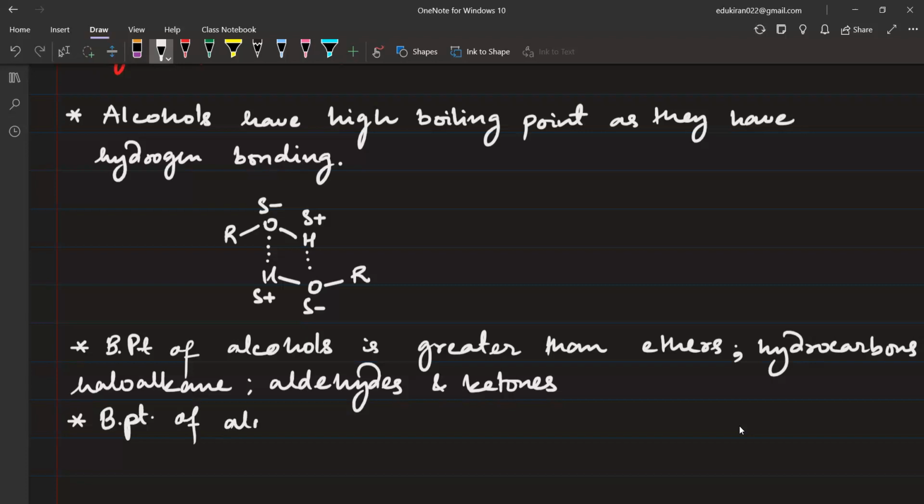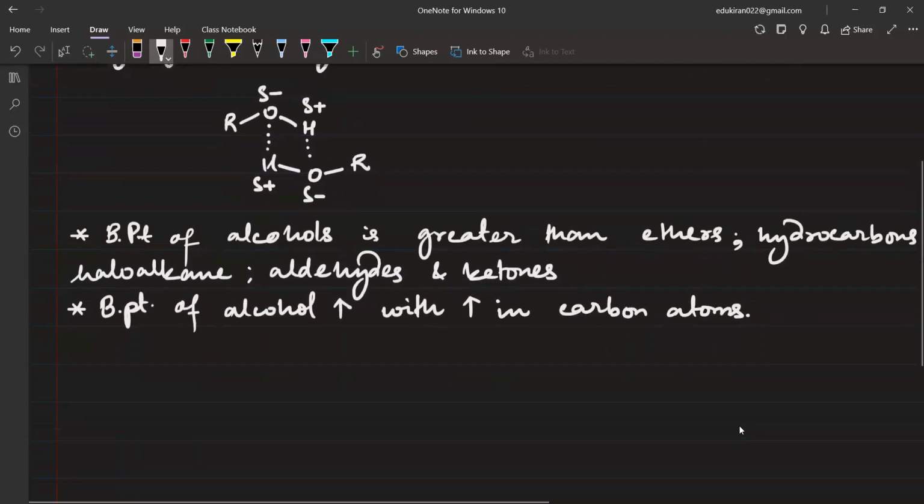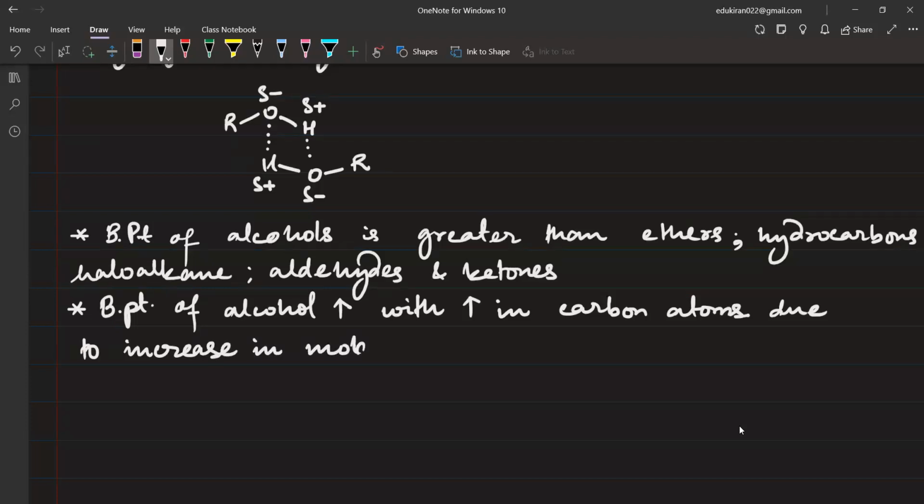Boiling point of alcohol increases with increase in carbon atoms. This is similar to what we did in haloalkene also. Why? Due to increase in molar mass. When molar mass is increased, there is a lot of van der Waals force of attraction, which depends on the instantaneous dipole.